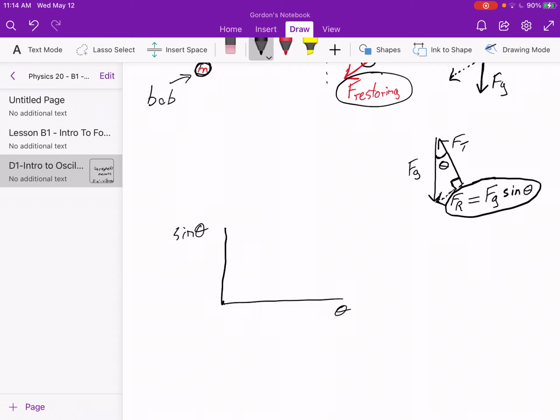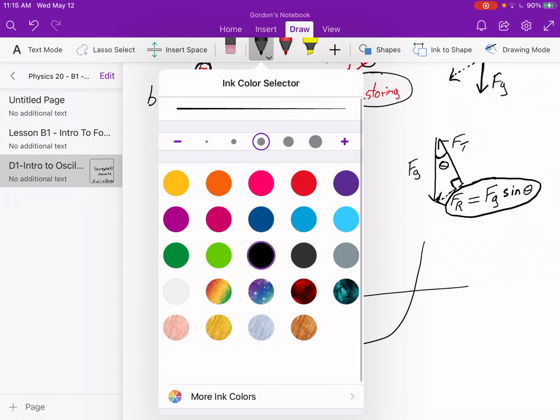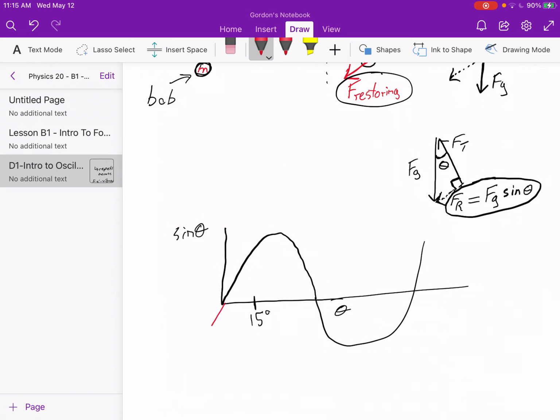Well, for anyone who's taken Math 30, you know it kind of goes up and is in a wave like this. If we're looking at just the first, say the first 15 degrees here, then this part is a very straight line, and it's essentially a linear relationship.